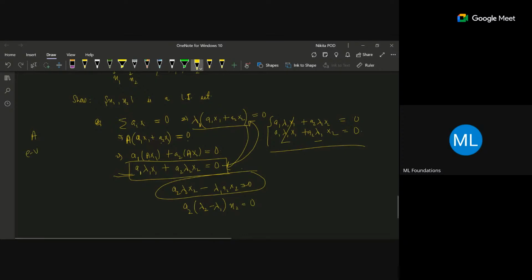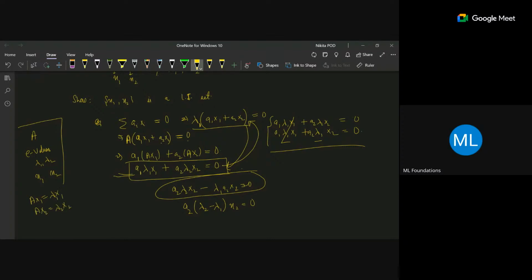So you have a matrix A, a 2 cross 2 matrix, and the eigenvalues are lambda 1, lambda 2. And their corresponding eigenvectors I'm saying are x1, x2. So I can write Ax1 equals lambda 1 x1 and Ax2 equals lambda 2 x2.